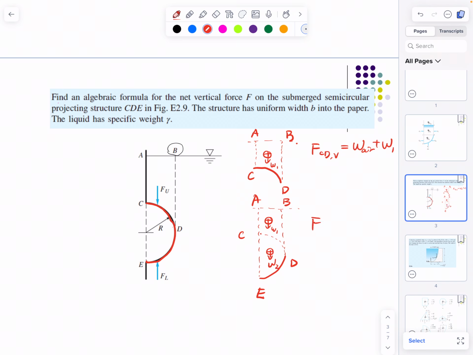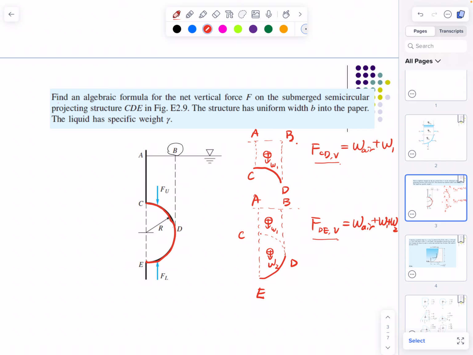And the vertical force on DE should equal W_air plus W1 plus W2. Sorry, there is not enough space. Okay. Next, what is the relationship between F_CD vertical and F_DE vertical?